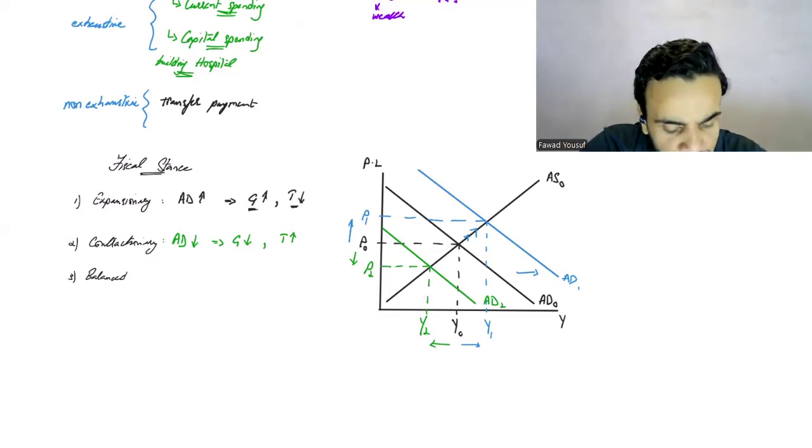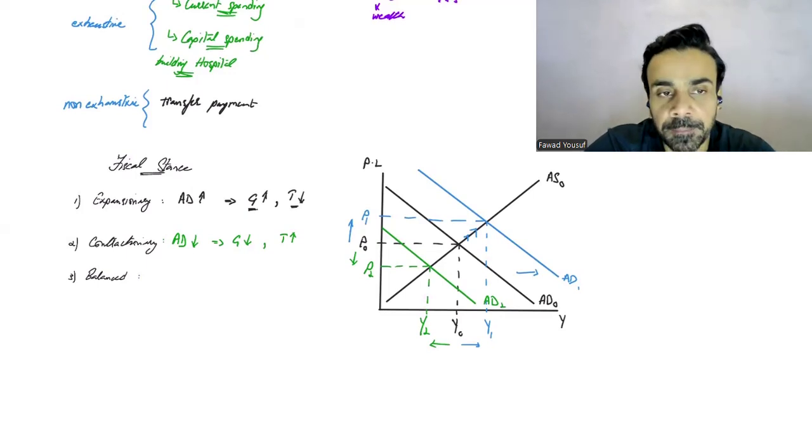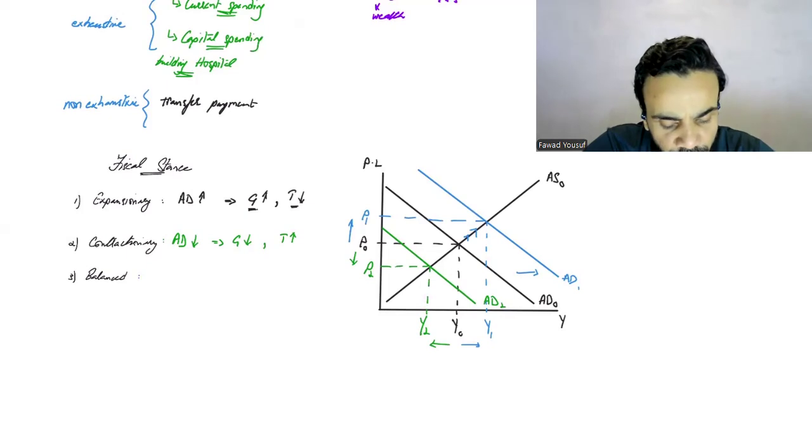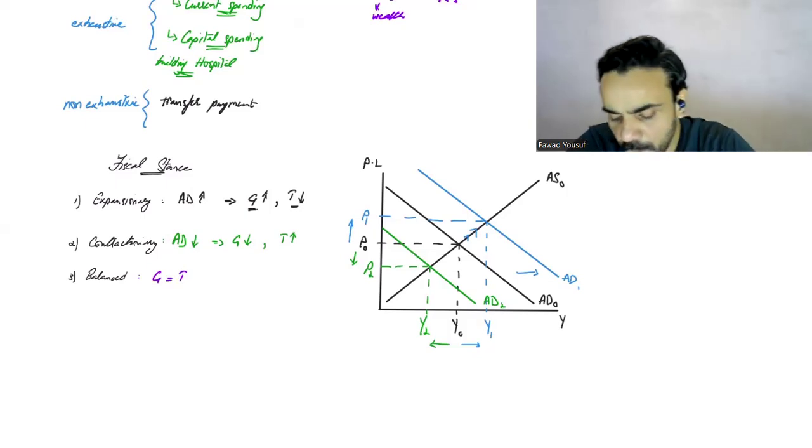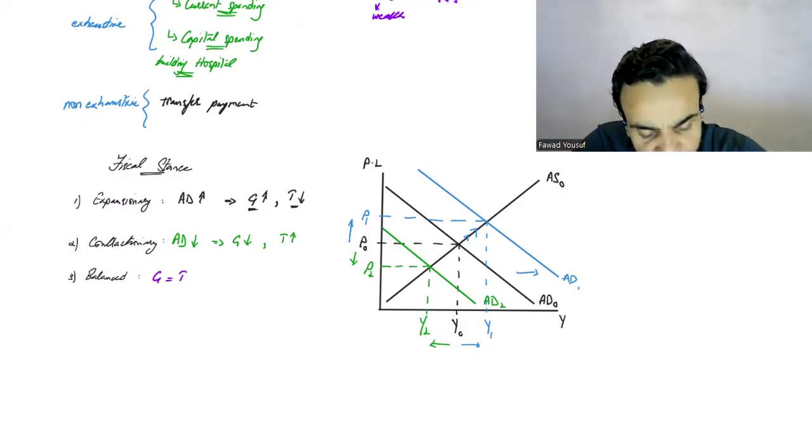Then the balanced fiscal stance, basically what you're aiming for is that government spending should be equal to the taxation. Okay. One added point, under expansionary policy you will go for something called a government budget deficit.